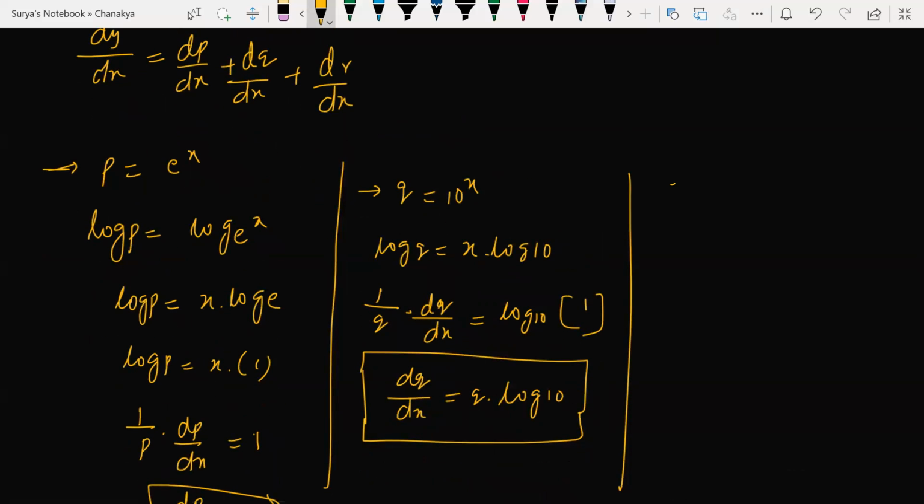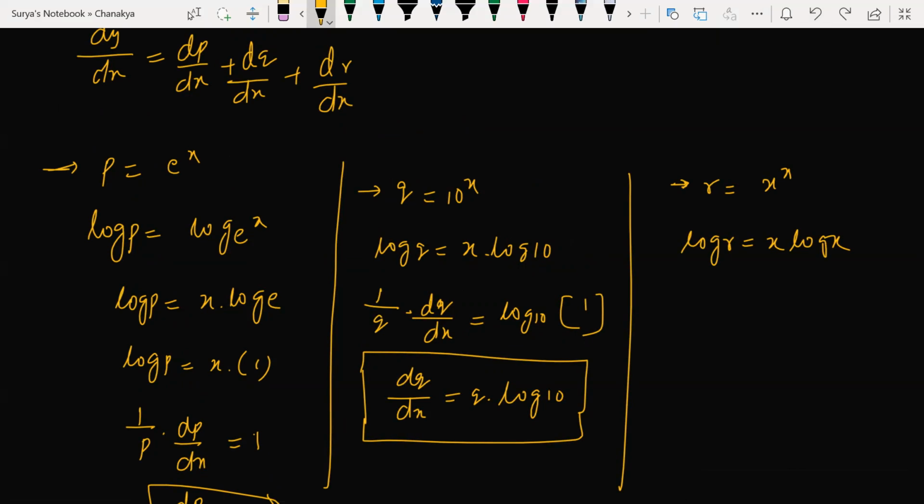Next, r. r is equal to x to the power of x. Log r is equal to x log x. So you have to solve this somewhat differently.